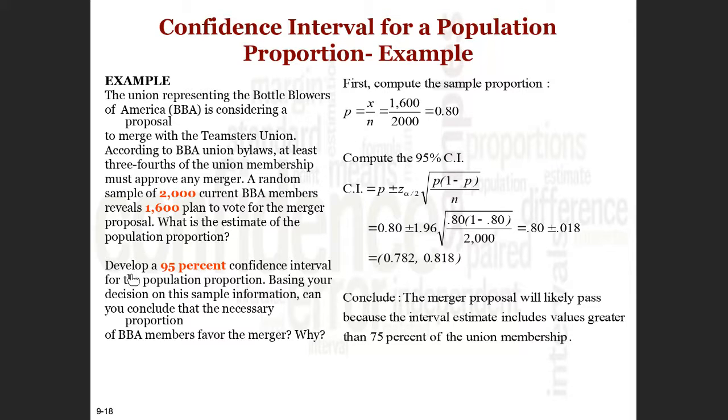The question asks, develop a 95% confidence interval for the population proportion. Basing the decision on the sample information, can you conclude that the necessary proportion of BBA members favor the merger, and why? So up here, you've got to compute the sample proportion.